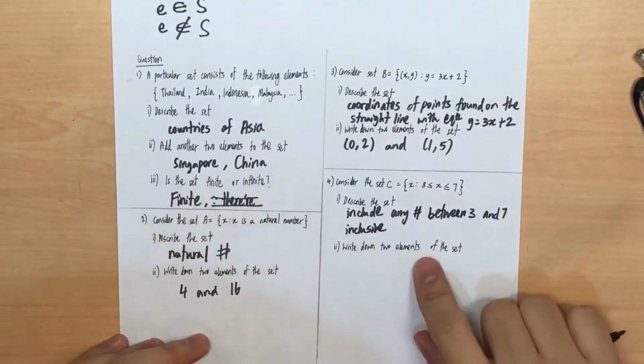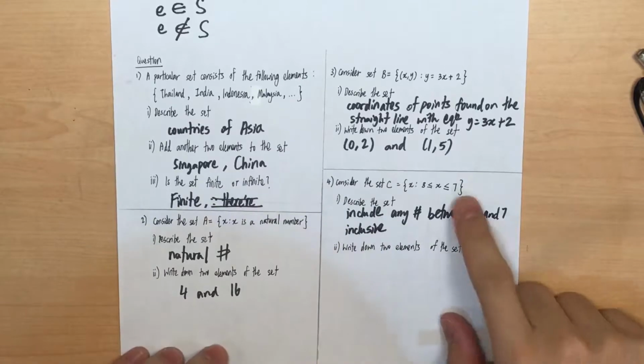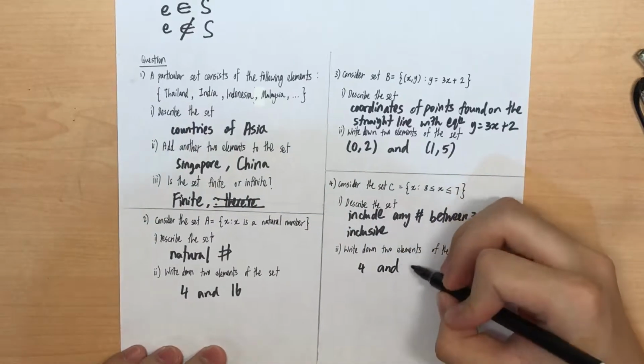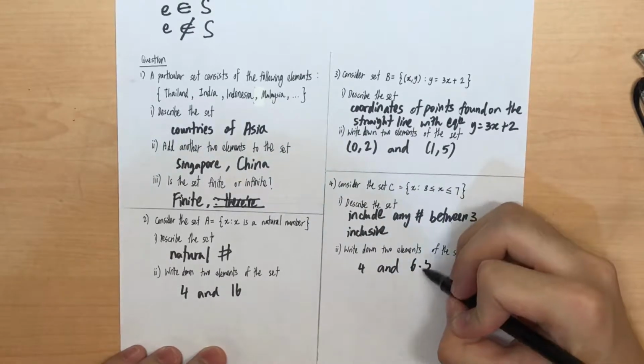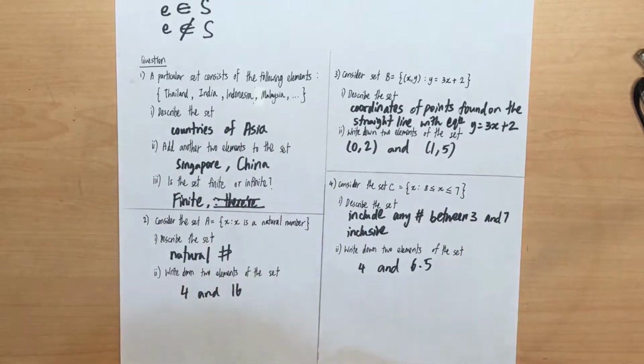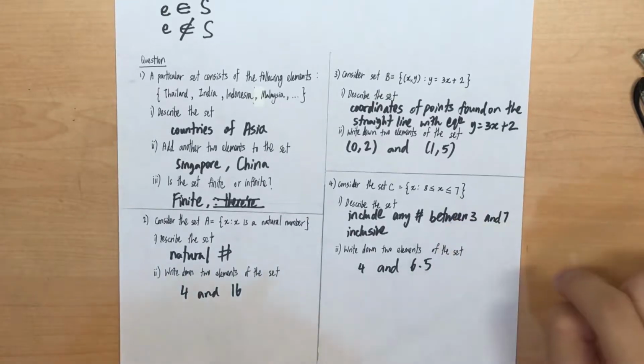Write down two elements of the set. Maybe 4, maybe 6.5. It's in the range, so it's considered an element of the set C.